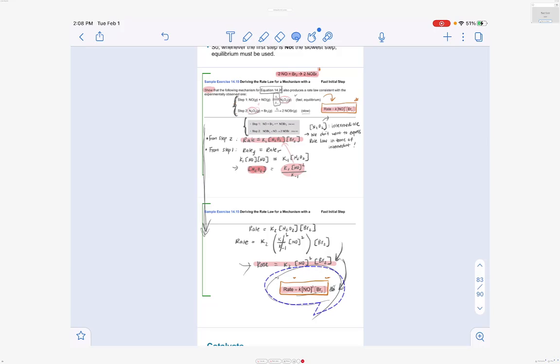Dr. Lee, in the rate law for step 1, do k subscript 1 and k subscript -1 have the same value but different sign? They need to have different labels, but same numerical value, because we assume the rate of the forward reaction equals the rate of the reverse reaction.